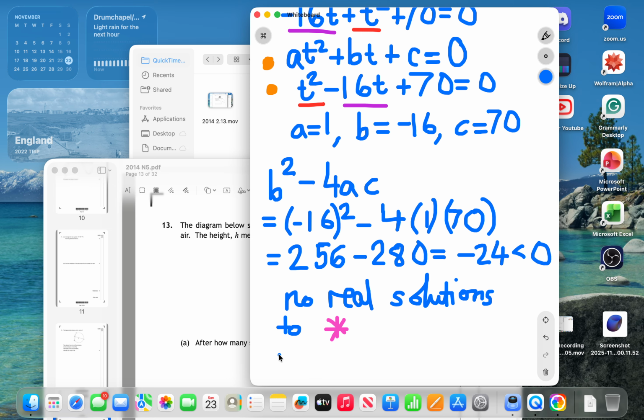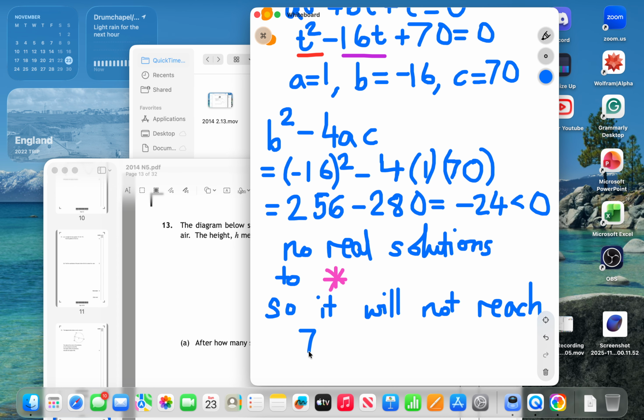And so it does not reach 70 meters. I apologise, this is a bit messy. So it will not reach 70.